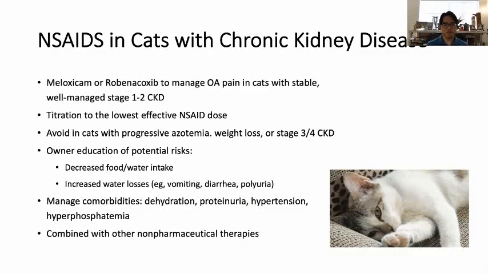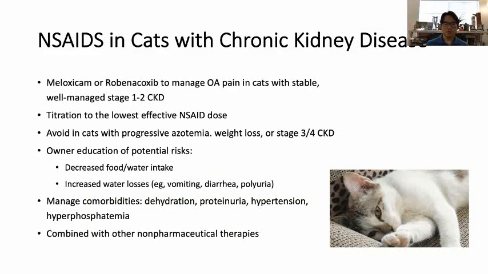Owner education on potential risks is very important. Owners need to continuously monitor to make sure the pet does not have decreased food or water intake or increased water loss through vomiting, diarrhea, or polyuria. Before starting NSAIDs or during NSAID treatment, we also need to manage some of the comorbidities such as dehydration, proteinuria, hypertension, and hyperphosphatemia.